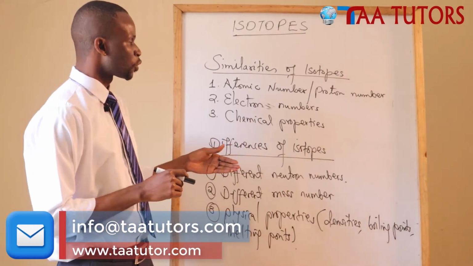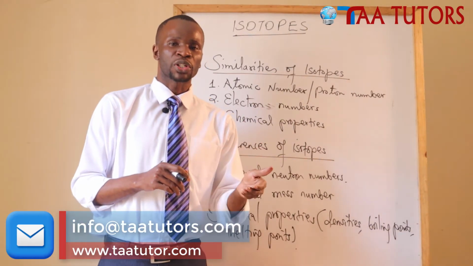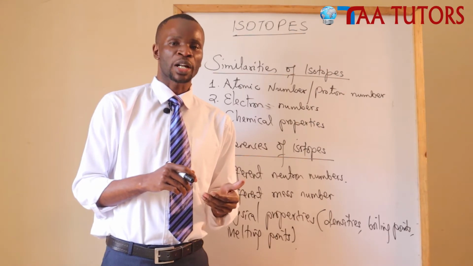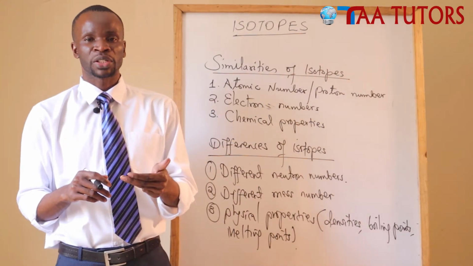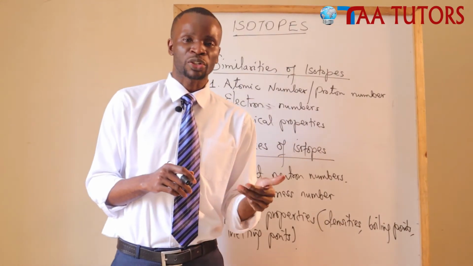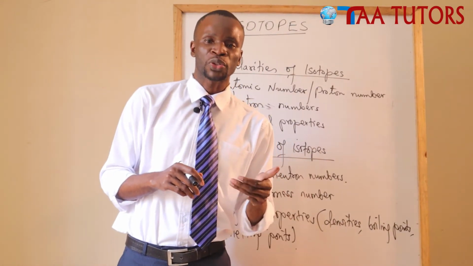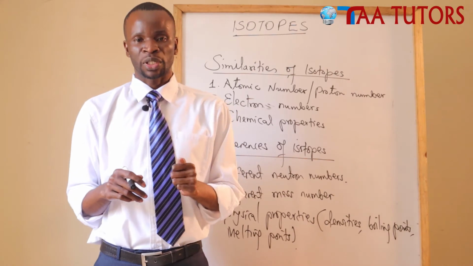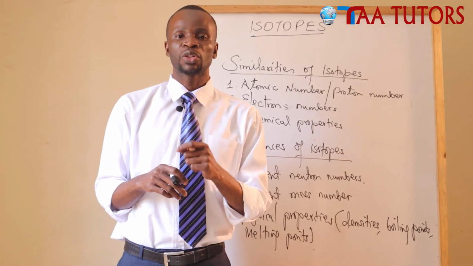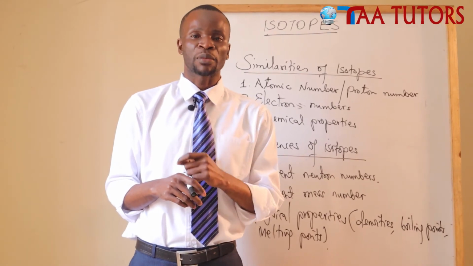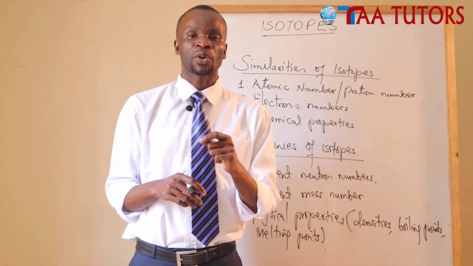Later on, we moved on to understand the similarities of isotopes, and we said isotopes have the same proton or atomic numbers, the same electron numbers, and the same chemical properties. Differences of isotopes, we said isotopes have different neutron numbers, different mass numbers, and different physical properties.